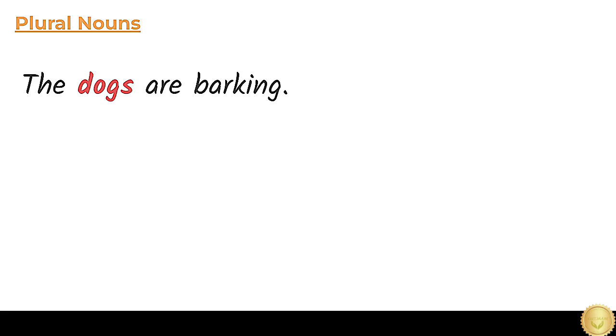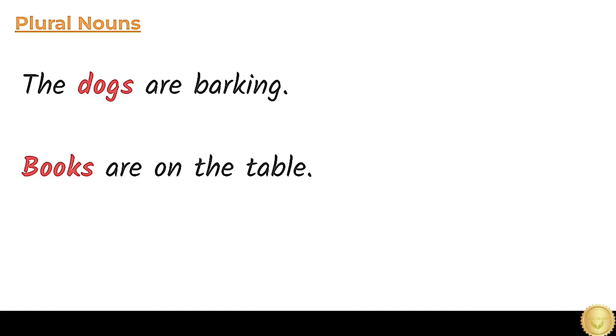Okay, and we've done the same examples so that it's really clear the difference here. So we've added the S to the noun, and this becomes a plural noun now. The dogs are barking. And you might have noticed that the verb changes as well, but we'll come on to that later.